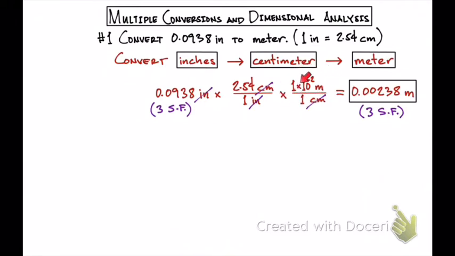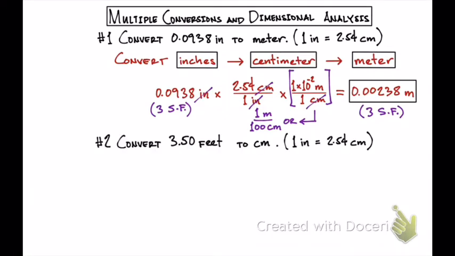Because this is 1 times 10 to the negative 2, if you don't want to use a negative exponent, you can turn this into a positive exponent, but then you would have to take the inverse of the numbers. So you can also rewrite this in this form, 1 meter equals 100 centimeters. So these two are also equivalent.